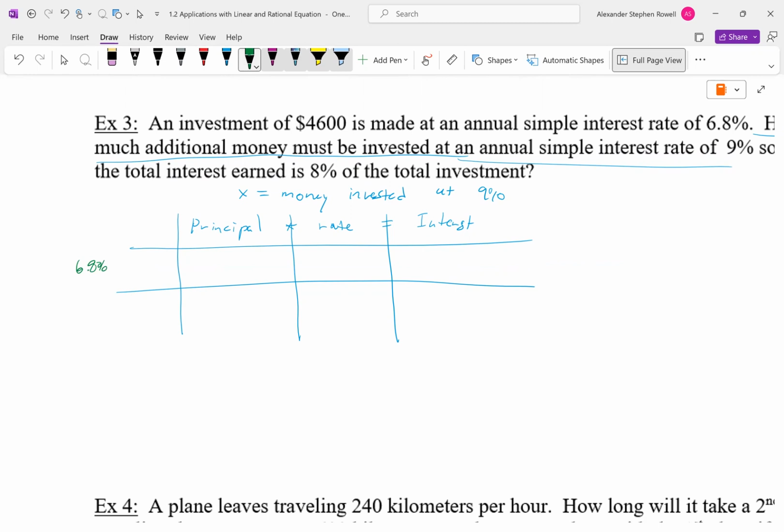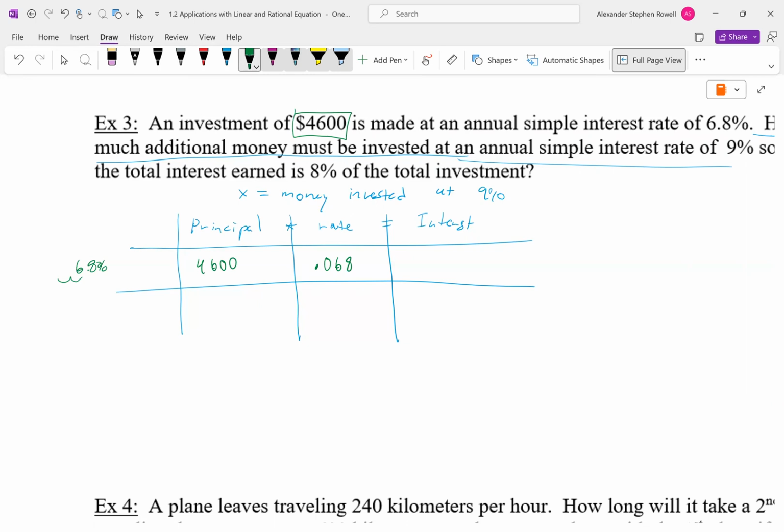Principal is money invested. $4,600 was invested, meaning it's the principal. And the interest rate, we convert the percentage to decimal. How do we convert 6.8% to decimal? Percent means divide by 100. So if we divide by 100, you would get the decimal moved to the left twice, 0.068.